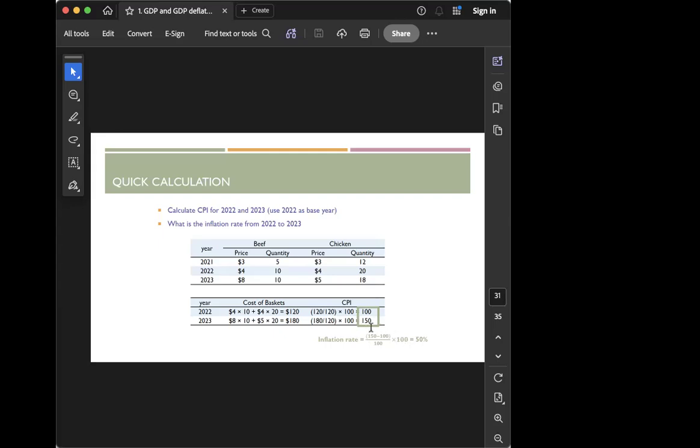We first do the numerator part, then divide by the denominator, and then multiply by 100, which gives you the inflation rate. According to this CPI calculation, the inflation rate from 2022 to 2023 is 50%. This inflation rate is not CPI itself. Just remember, CPI is the price index and the inflation rate is the percent change of CPI.